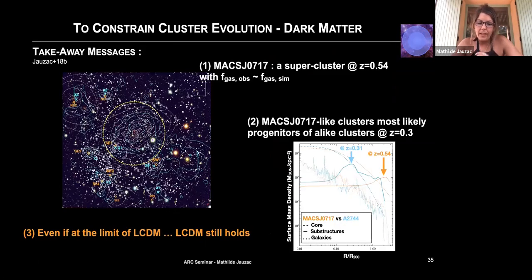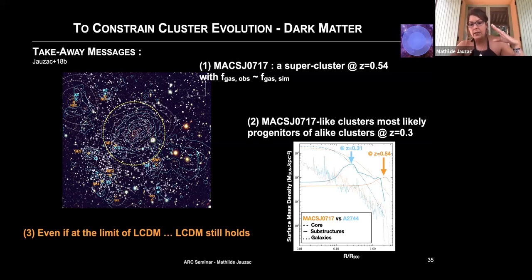I'm getting there to show you that this is only one cluster, but that one cluster is the progenitor of other massive clusters that we observe at lower redshift, like redshift 0.3. You have an example on the plot on the right-hand side with HUBBLE 2744, which is at 0.3.